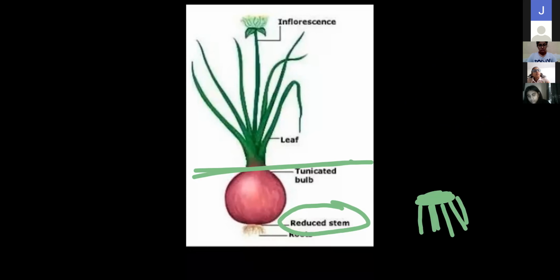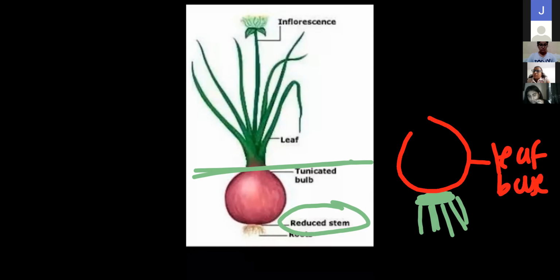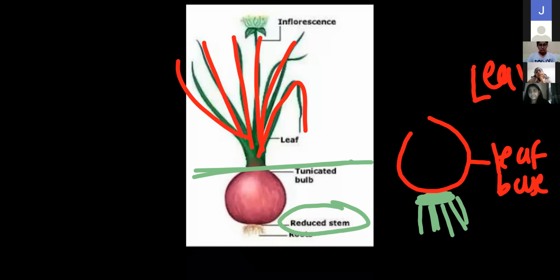Now after that, the leaf part begins. Here the main part is the leaf base. And over here in onion, two types of leaves are there. These are greenish colored leaves, and this one is a dry one.